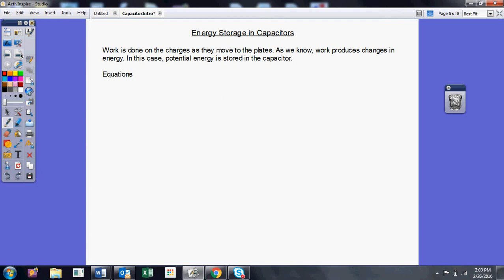So there are two equations. Your book has the derivation. I don't think it's worth the time and energy to go into the details. So the potential energy stored in a capacitor is equal to the charge squared over 2 times the capacitance. So U is equal to potential energy, that's always measured in joules.